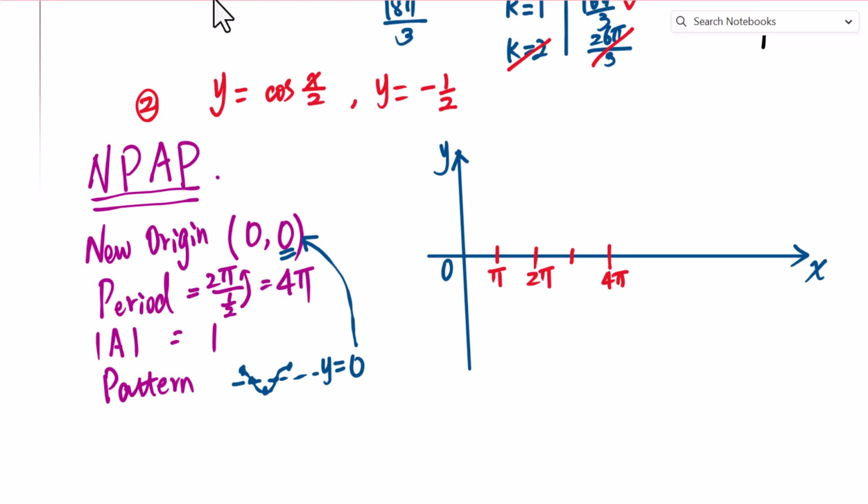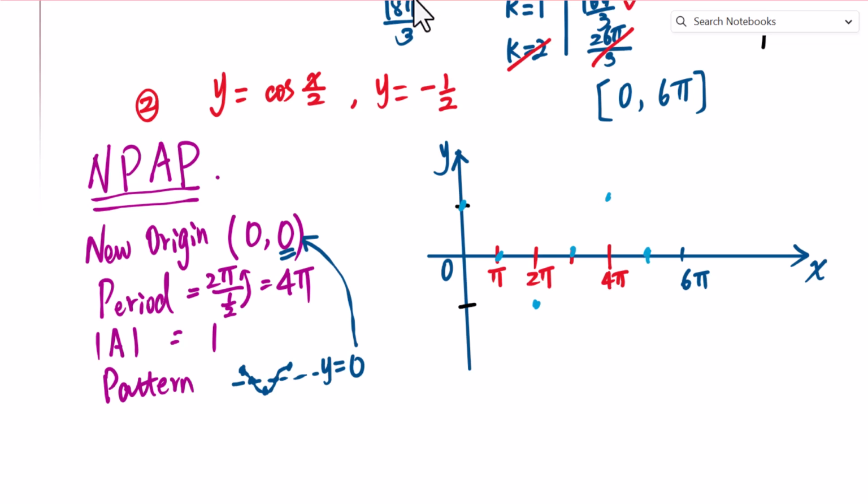From this origin, look at the amplitude. Go up 1, down 1. Then you can draw this pattern: 1, 2, 3, 4, 5. We need to keep going because the domain is between 0 and 6 pi. This is 6 pi.